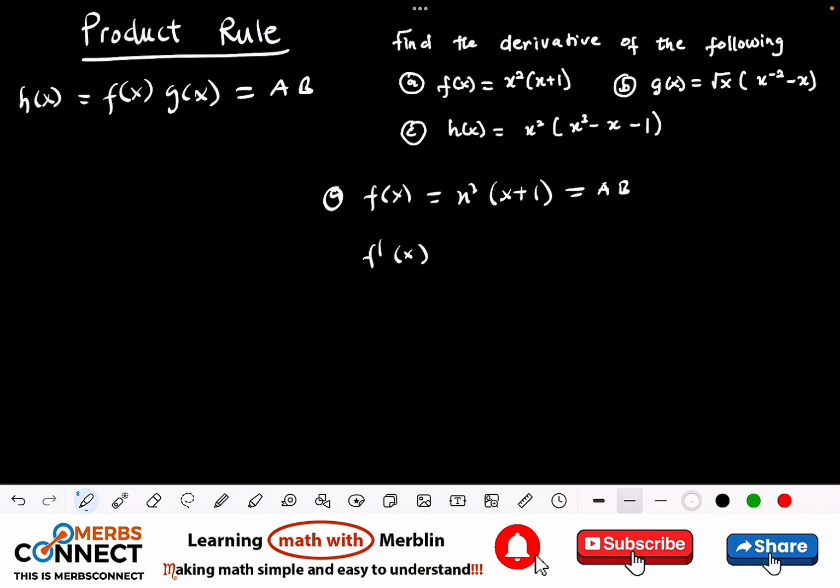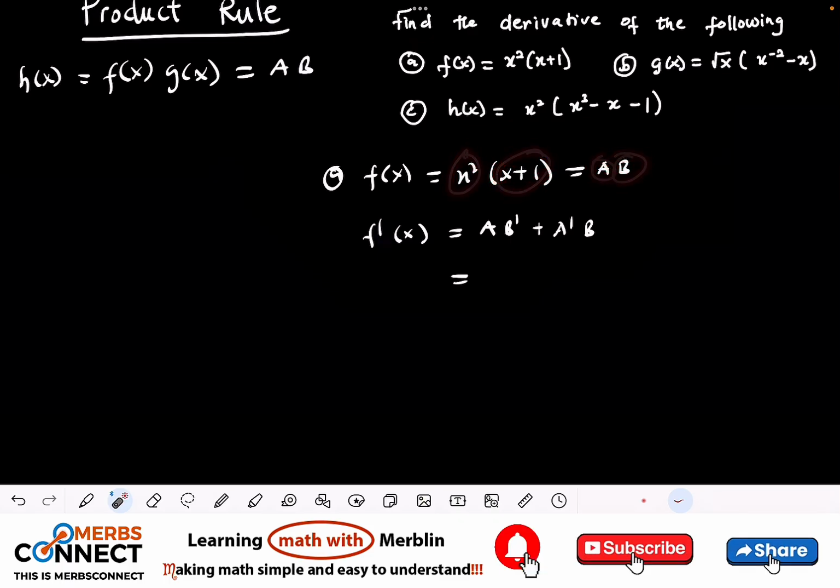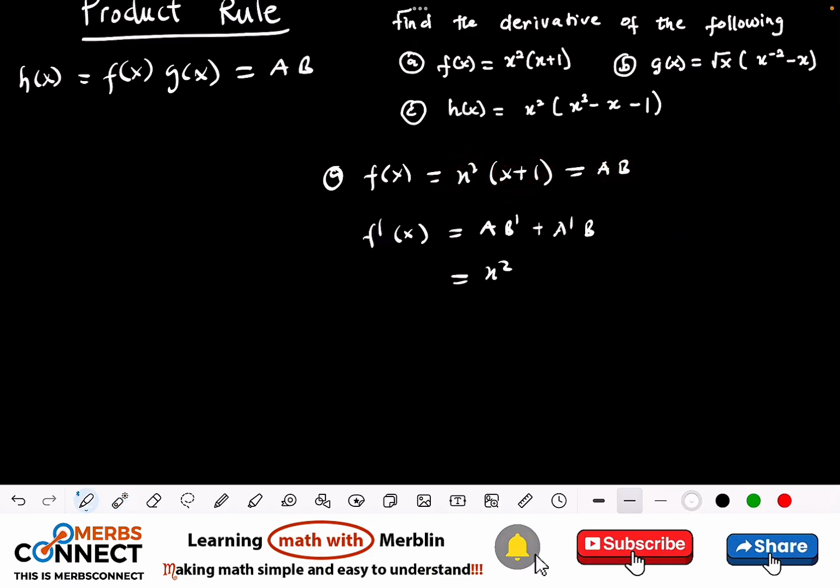So f prime should be a b prime plus a prime b. If I know this, I just write it down. This is a, which is this. This is b, which is also this. So I'll maintain a, which is x squared. Then I need to differentiate b, which is x plus 1 prime, plus a prime. So a is x squared prime, and then b is x plus 1.